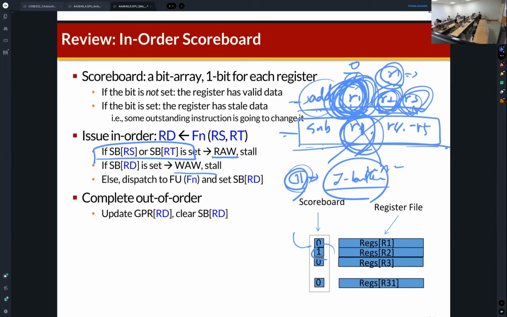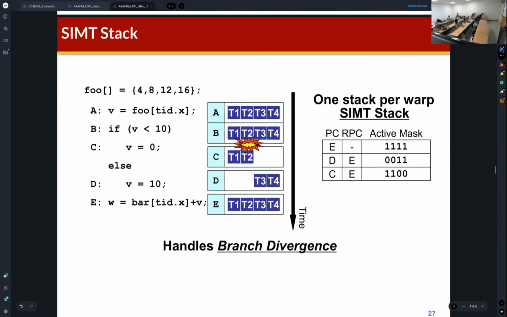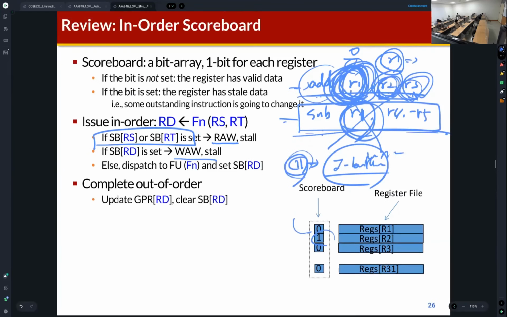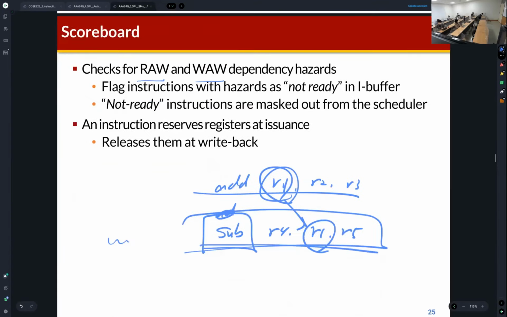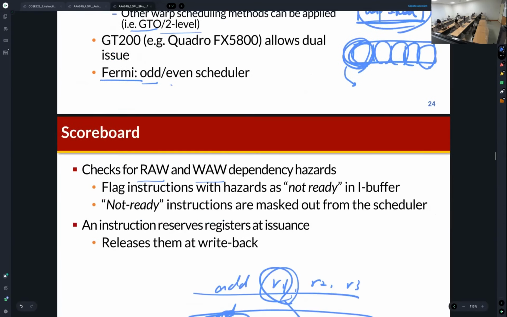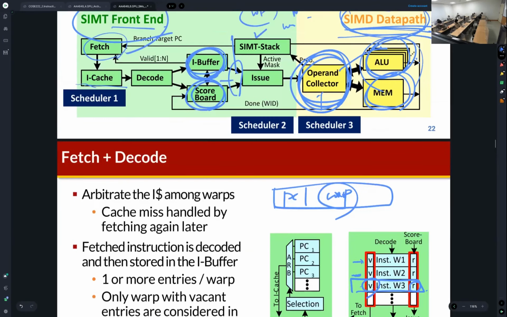We will also use the GPU for our assignment, and if you read some scoreboard code, then you can find it's very simple. You just check the readiness of the source registers and destination registers. So that is the front end of the GPU SM.